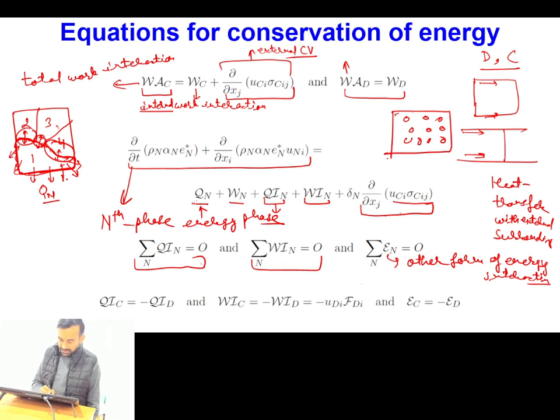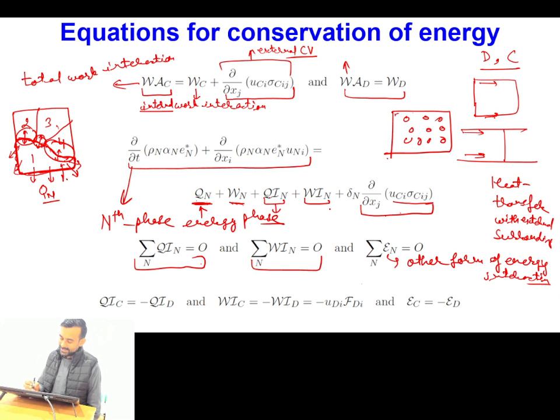So, this Qn is the heat transfer, Wn is work transfer, and these heat and work transfer are actually with the external surroundings, and then Qin and Win are the internal heat and work transfer of nth phase with other phases present in the control volume.